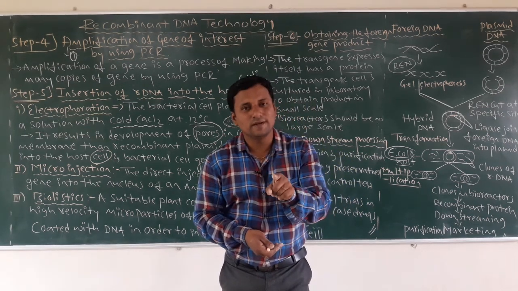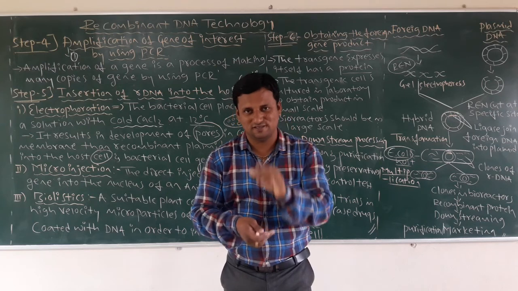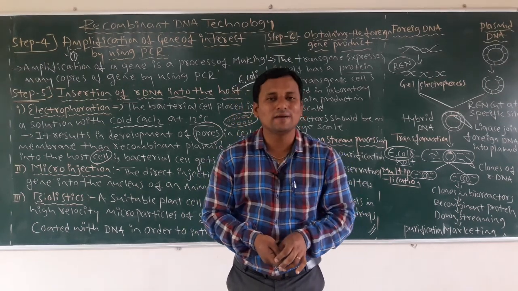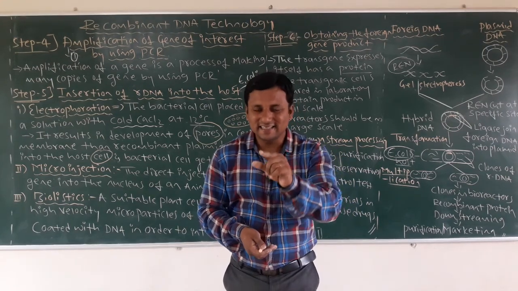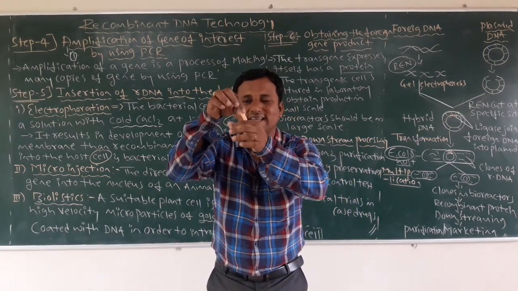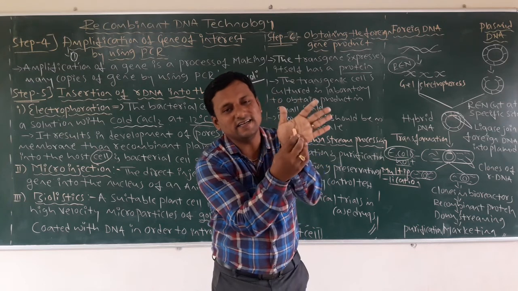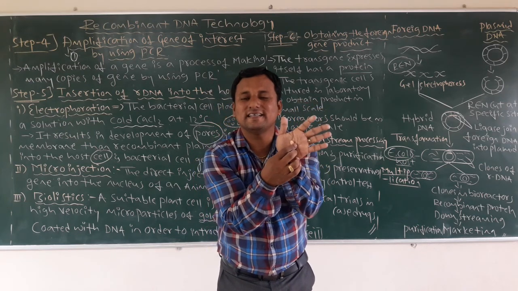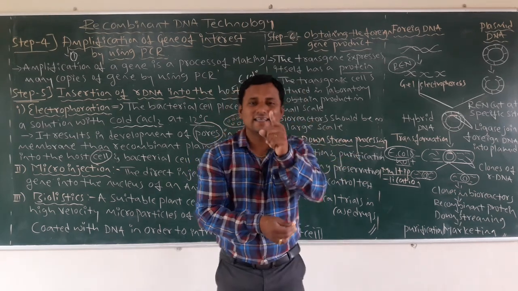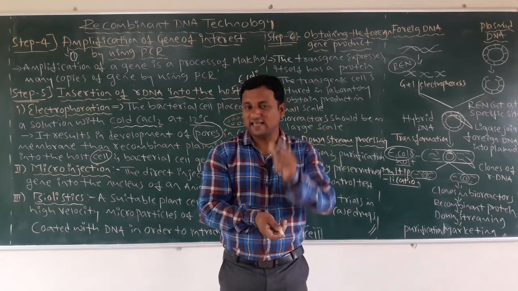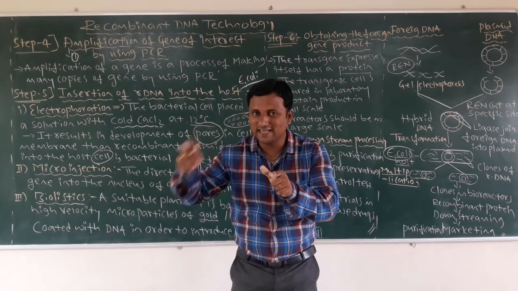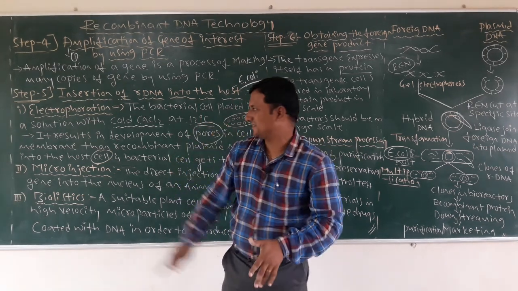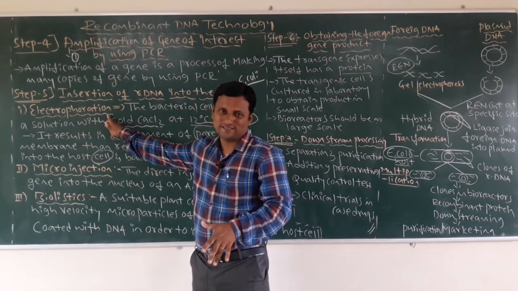On the cell membrane pores are formed, through which the recombinant plasmid slowly enters the bacterial cell, the E. coli bacteria. So transformation takes place from the cell membrane into the cell. This is one technique, called the electroporation technique.